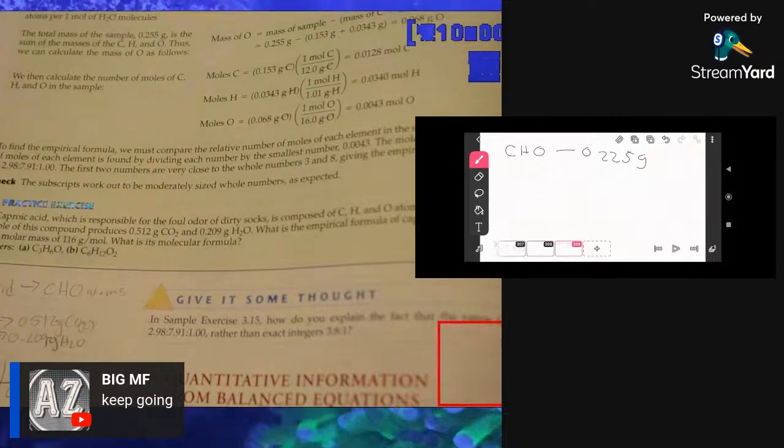When they ignited this in a fire or something, it produced 0.512 grams of CO2. So let's solve that one first and then we'll go back. You know what? Let me just write down everything. So they gave us CO2 on that.